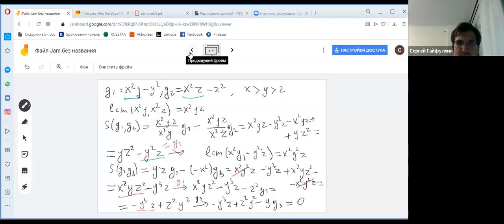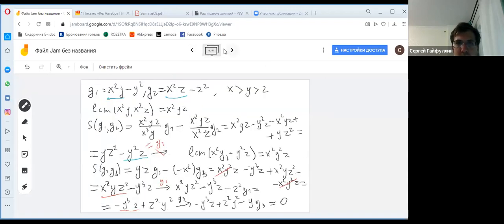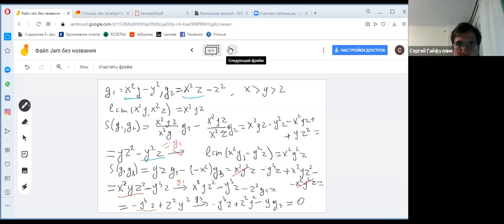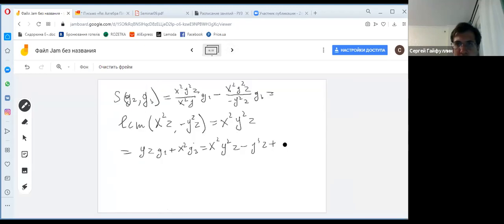This is g1, x squared y squared z minus y squared, minus y cubed z plus, where is g3, y z squared, x squared y z squared minus x squared y squared z.